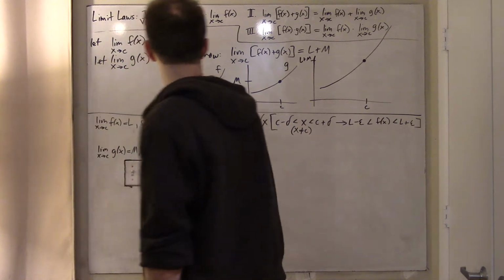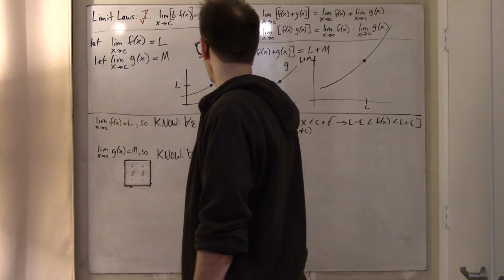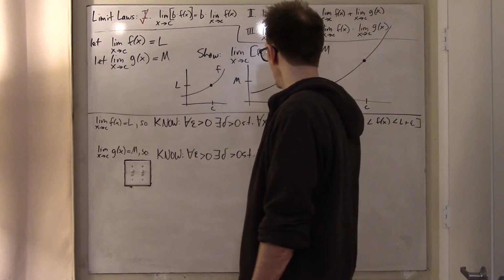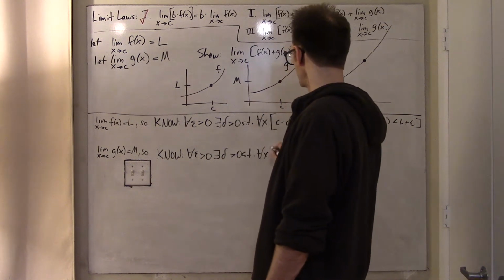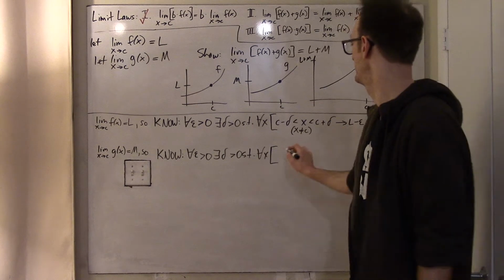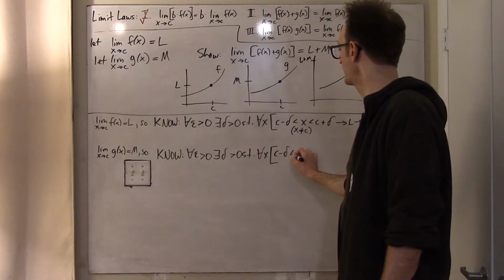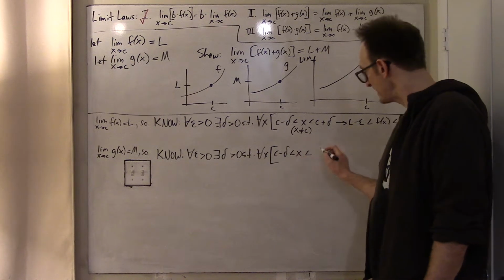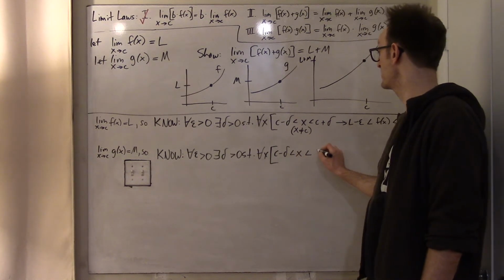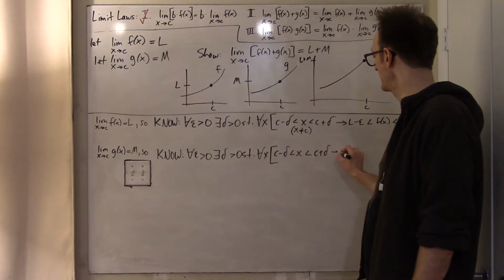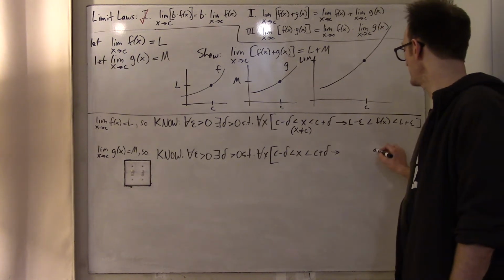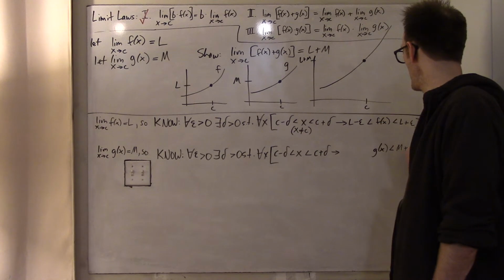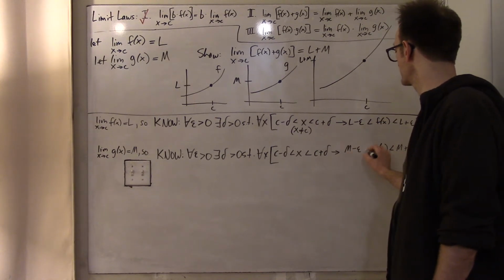For all epsilon greater than 0, there exists a delta greater than 0 such that for all x, if I'm within delta of c, then my g function will be between m minus epsilon and m plus epsilon.